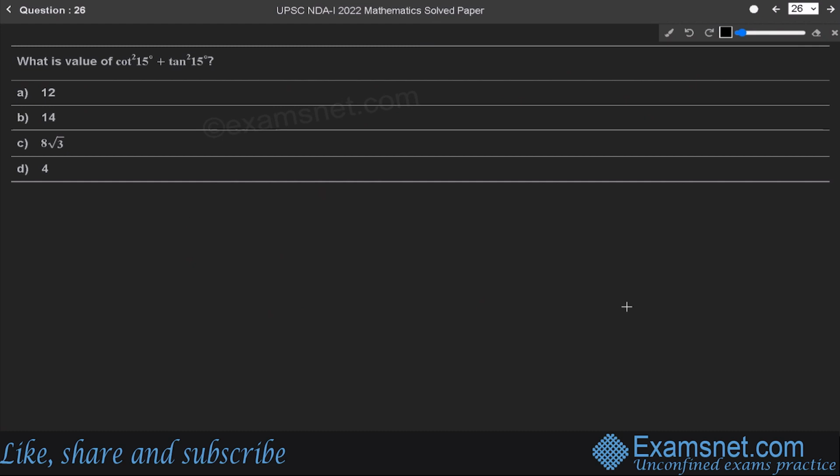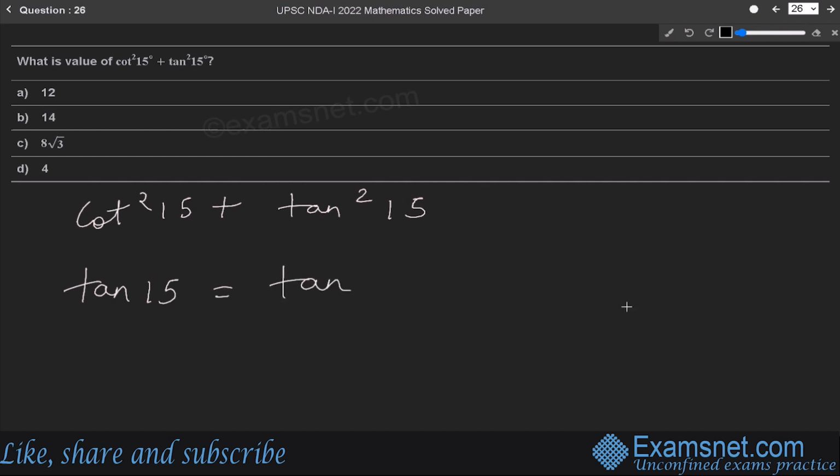Next question is, what is the value of cot square 15 plus tan square 15? This is a question from trigonometry, which is very useful in mathematical applications. So now let us see this question. Cot square 15 plus tan square 15. We can write tan 15 as tan of 45 minus 30.